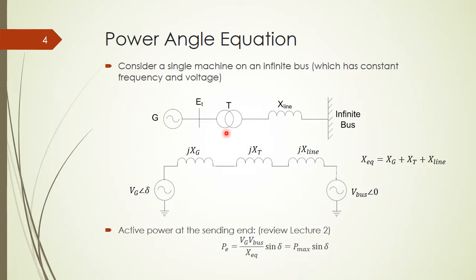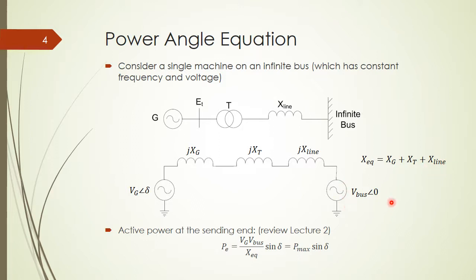We get rid of the transformer here and replace it with a reactance. The generator will be expressed using a voltage source and a reactance of Xg here. So in combination, we have an equivalent reactance of Xg plus Xt plus Xline here.